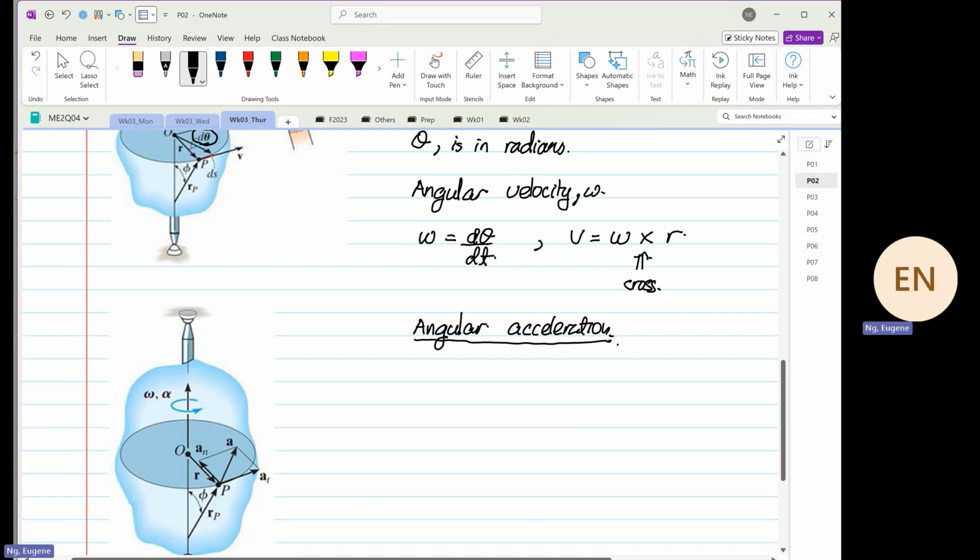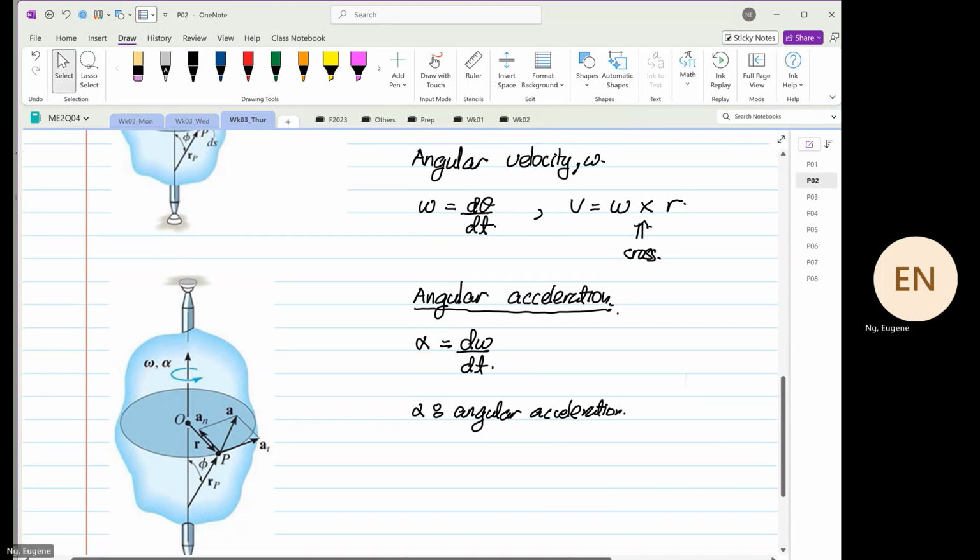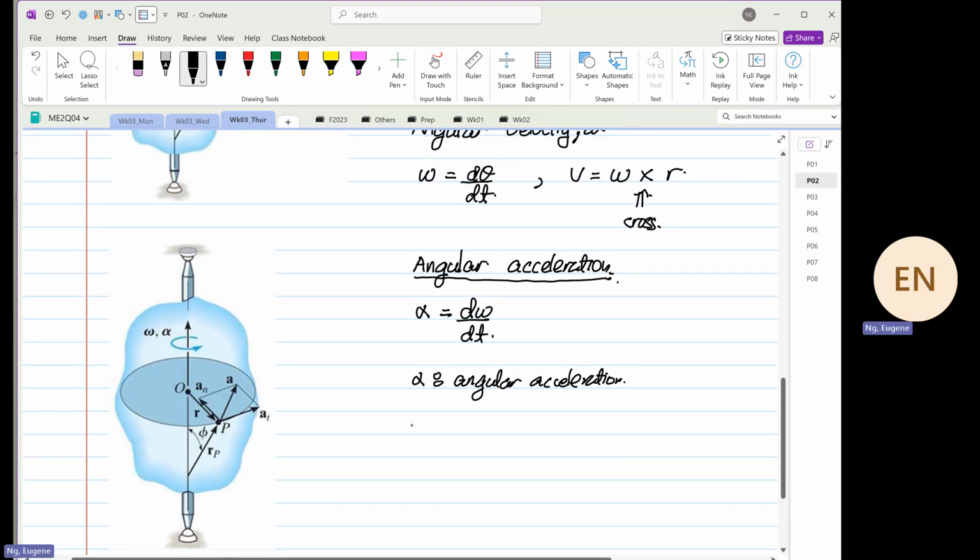If you look at angular acceleration, alpha is equal to d omega over dt, where alpha is defined as the angular acceleration. So we know that omega is equal to d theta over dt.